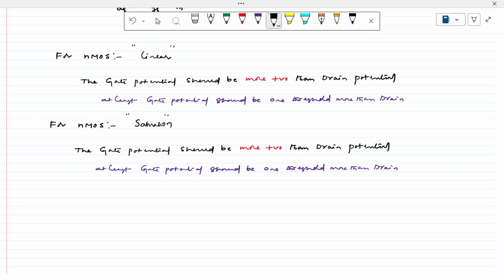Instead of the gate potential, we call it the drain potential. In the linear case, we emphasize the gate more than the drain. For saturation, we talk about the drain potential being more than the gate potential. So the drain potential should be more positive than the gate potential.